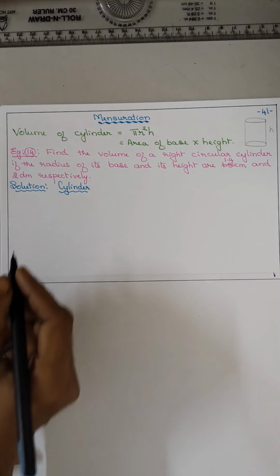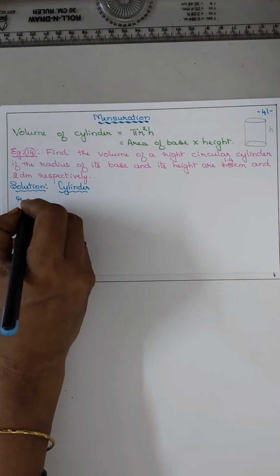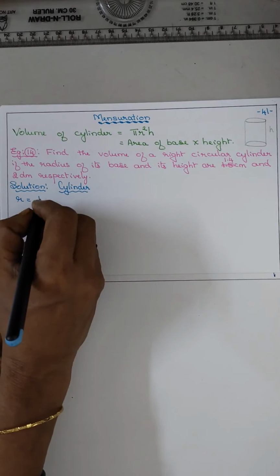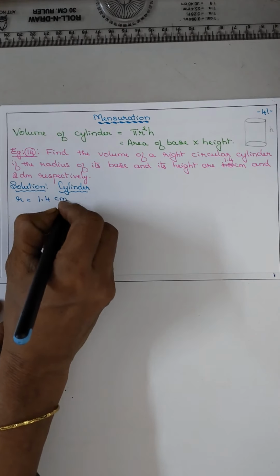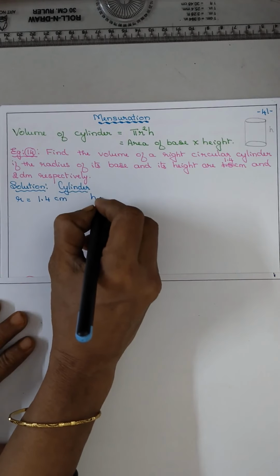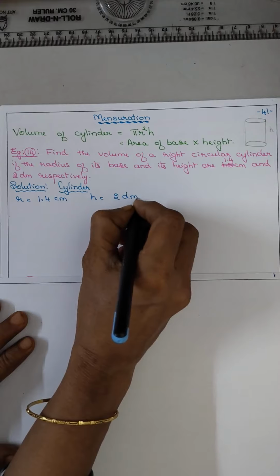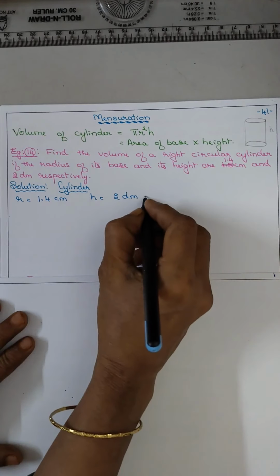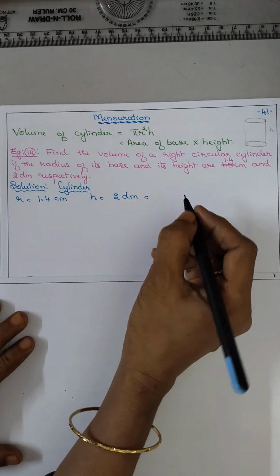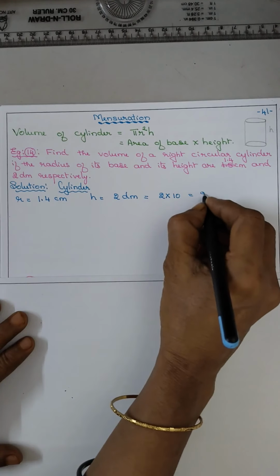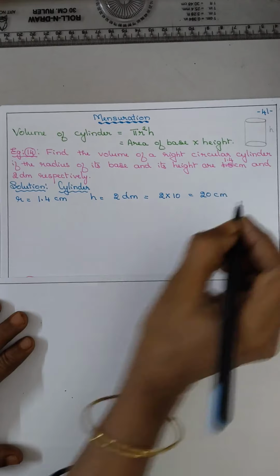Now radius is equal to 1.4 centimeter and the height is 2 dm. Now convert dm into centimeter. Dm is decimeter. So 2 into 10 you get 20 centimeter.